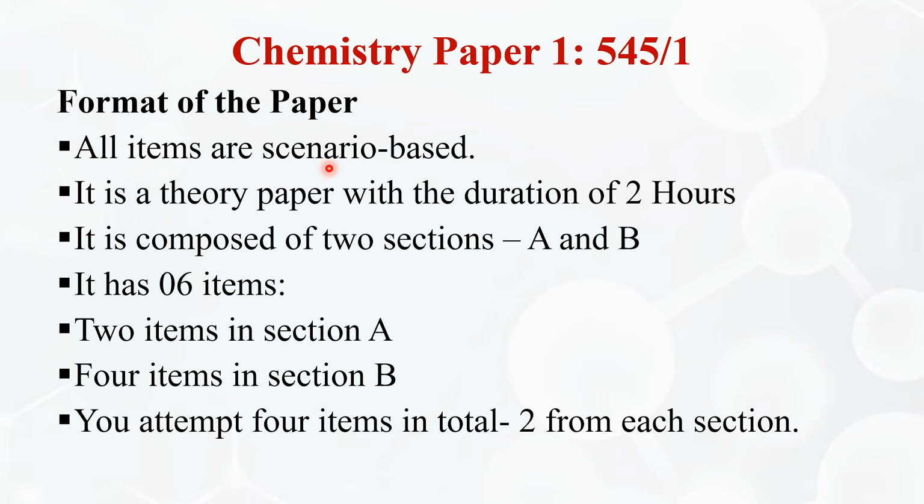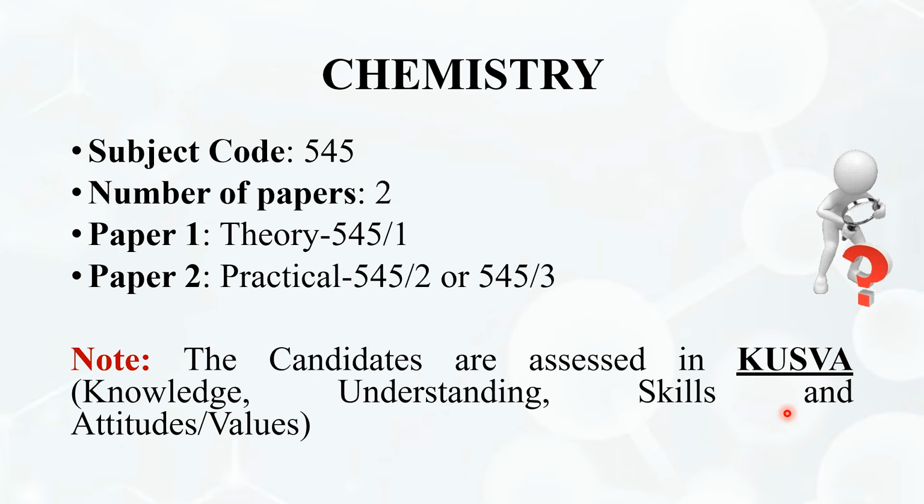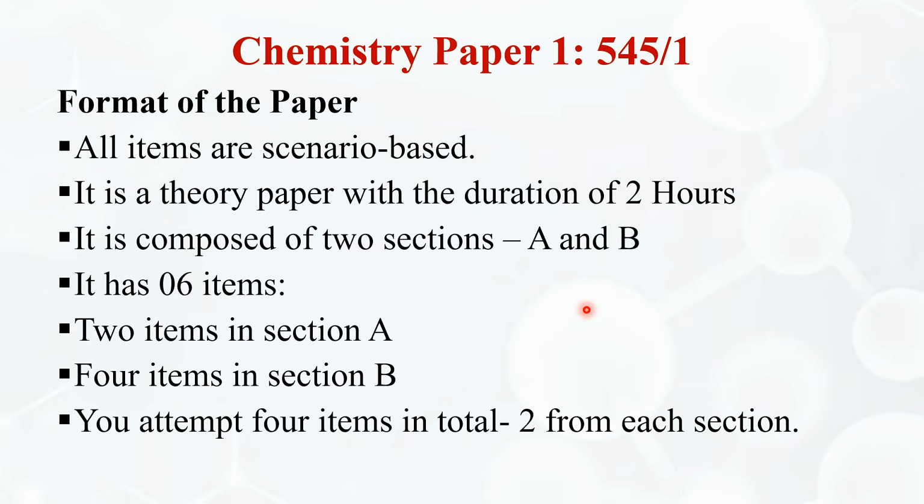No, we don't have such questions, and we are saying all questions are scenario based. Why are they scenario based? We are looking at items which are aimed at solving a particular problem, and therefore, as we said, we look at these 5 things which are summarized into Kusiva.